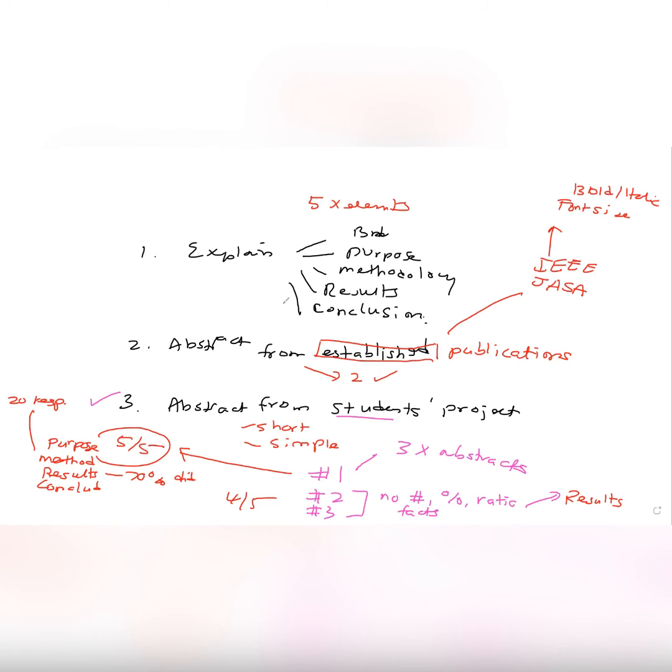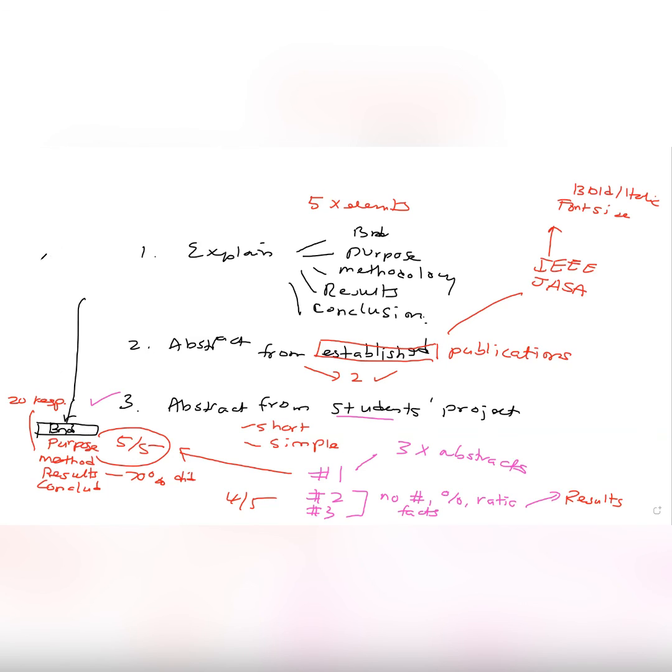And then finally, the first one that we need to always remember when we write the abstract, we need to put the background here. The background is basically the motivation of the research. So for this simple student project, why did they want to do this research?